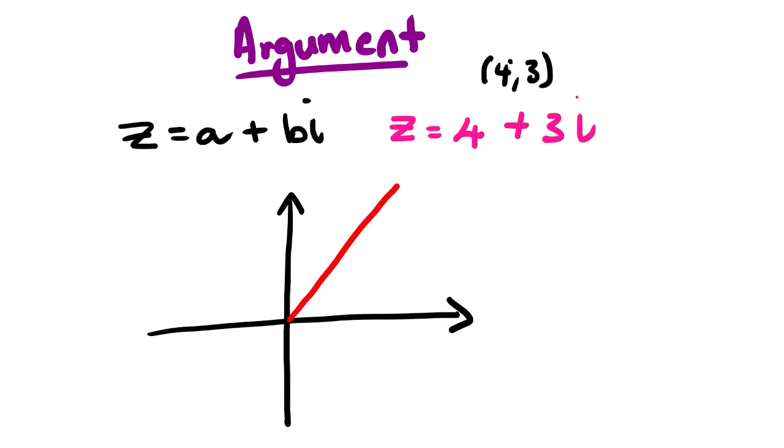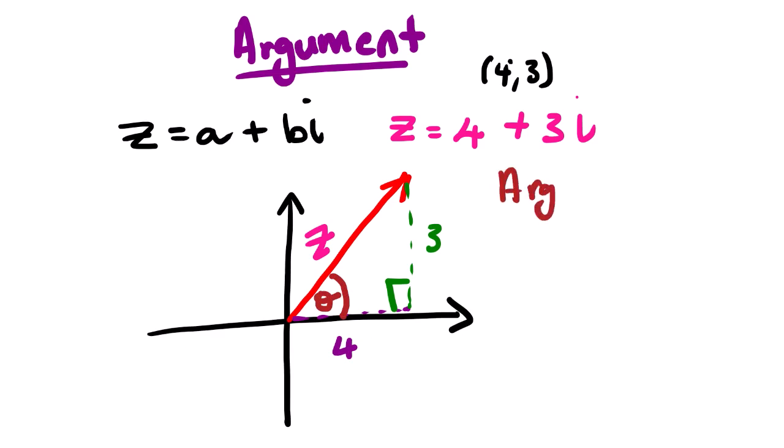So our z will be here. When we represent 4, we have it this side, and when we represent 3, we have it this side. They form 90 degrees. Then this will be our z. To find the argument, we are looking for this angle.